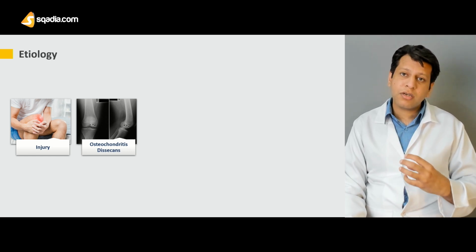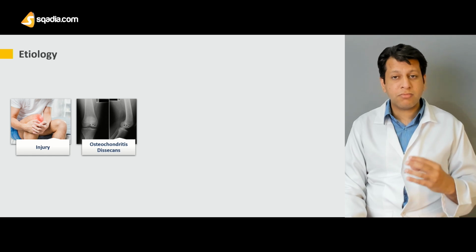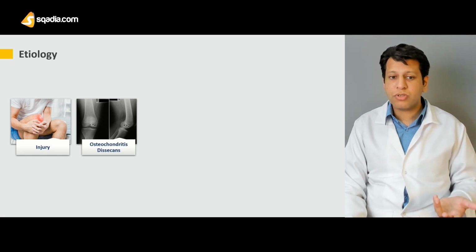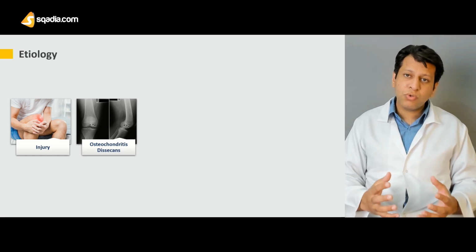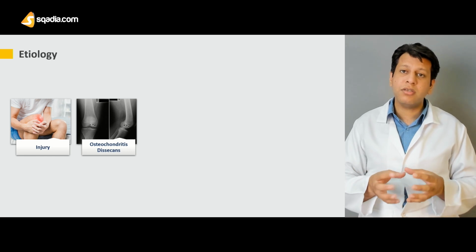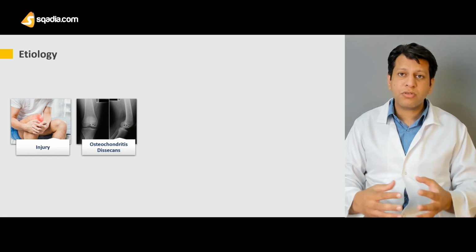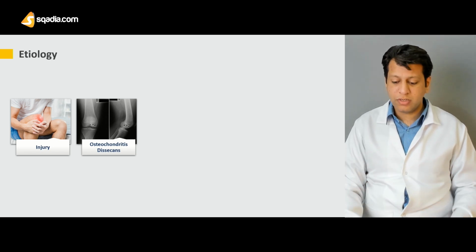The osteochondral part dissociates from the subchondral bone. It may stay there, or it may get dislodged into the joint as well. Therefore, the loose body which we see may be part of osteochondritis dissecans disease, which has progressed to formation of a large cartilaginous body going into the joint.